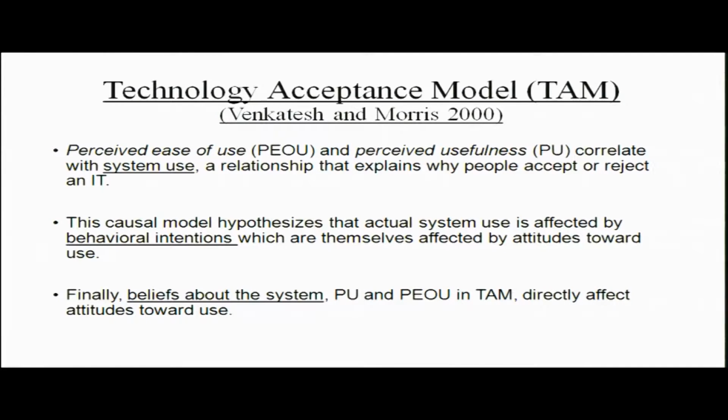We will start with what is established in scholarship as the technology acceptance model, or TAM, which is premised on the idea that a perceived ease of use and a perceived usefulness correlate with system use, and this relationship explains why people accept or reject a technology.